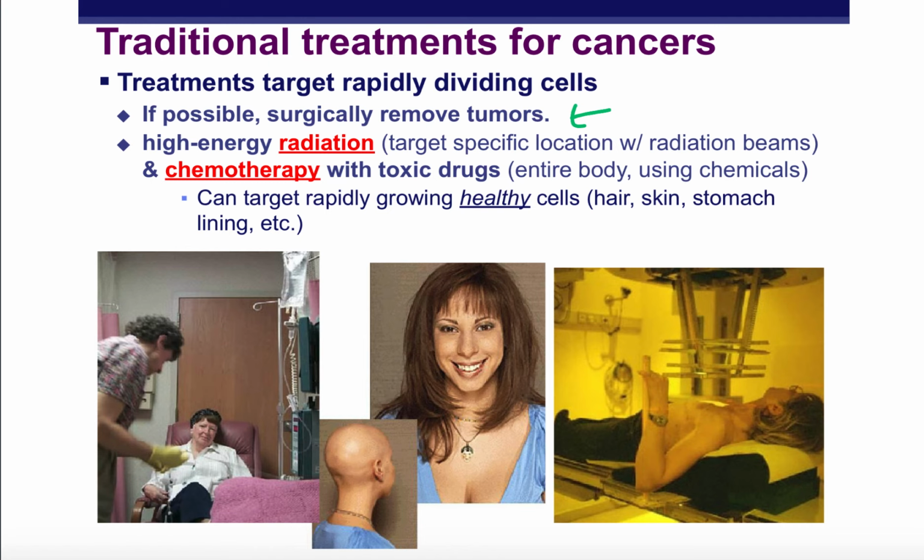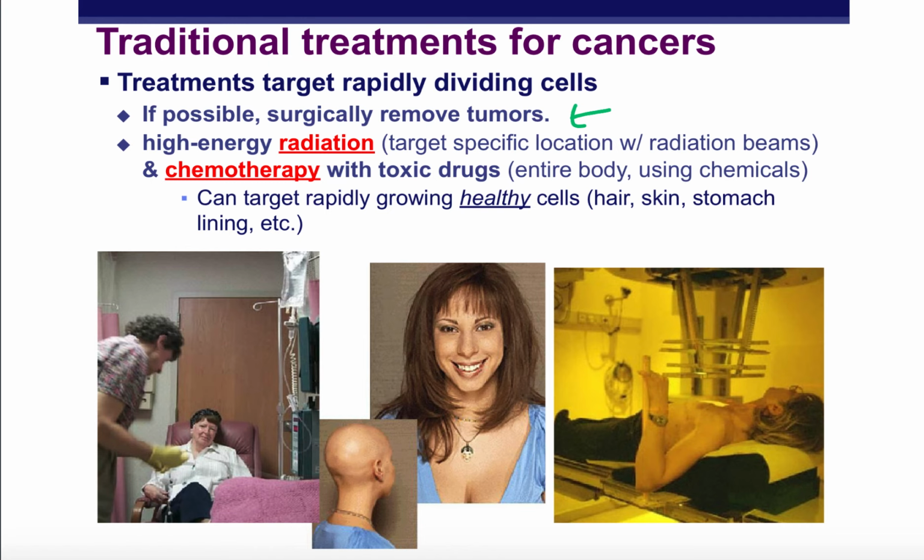And a lot of the treatments we associate with cancer, what they're actually doing is taking advantage of the fact that these cells are more likely to divide than normal tissues surrounding them. So what it's actually targeting is cells doing mitosis.